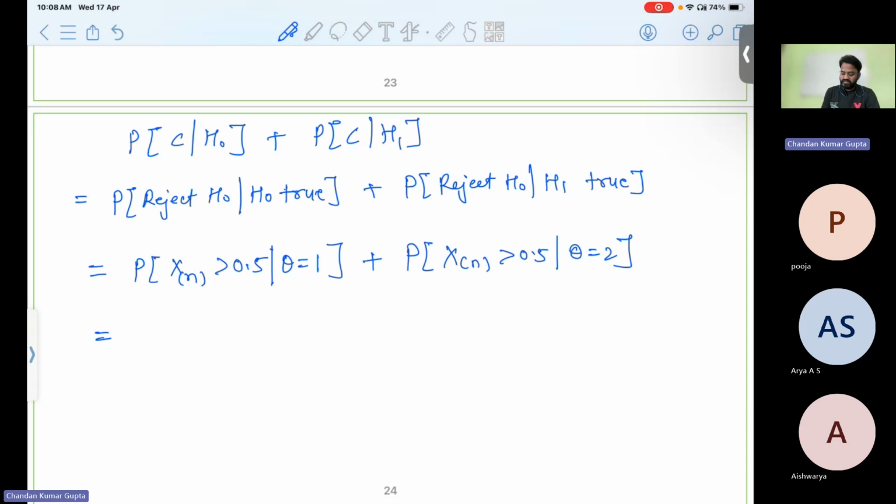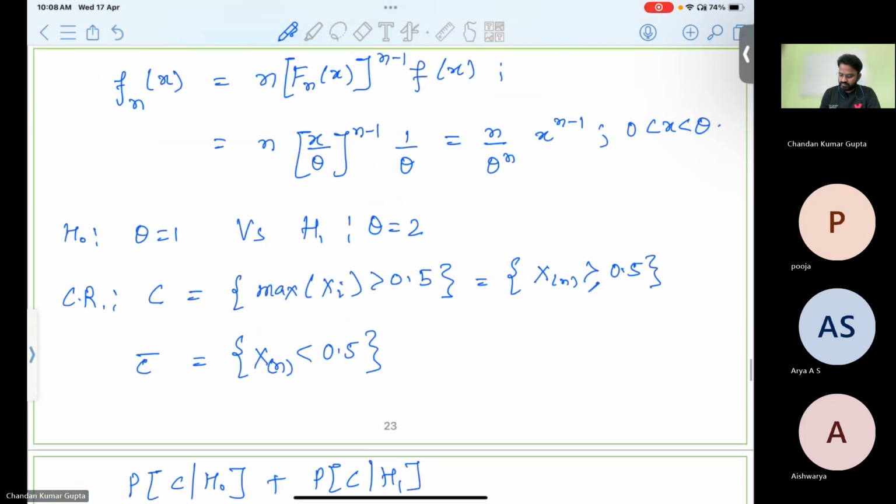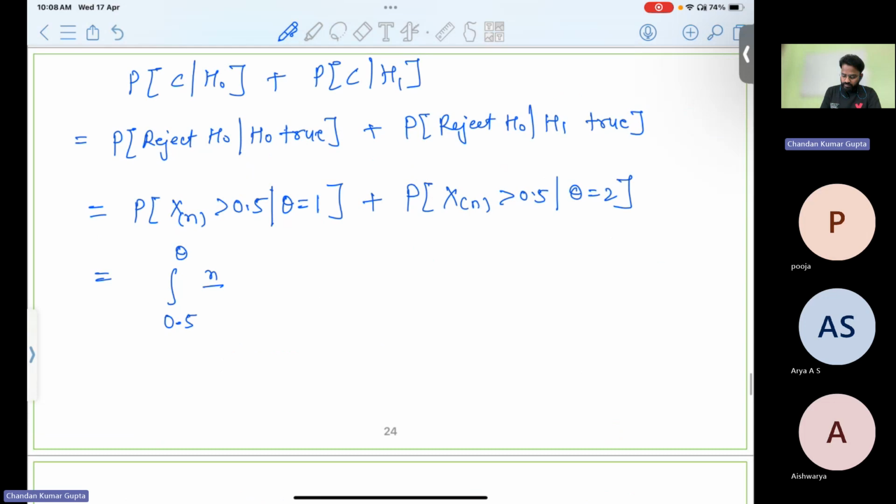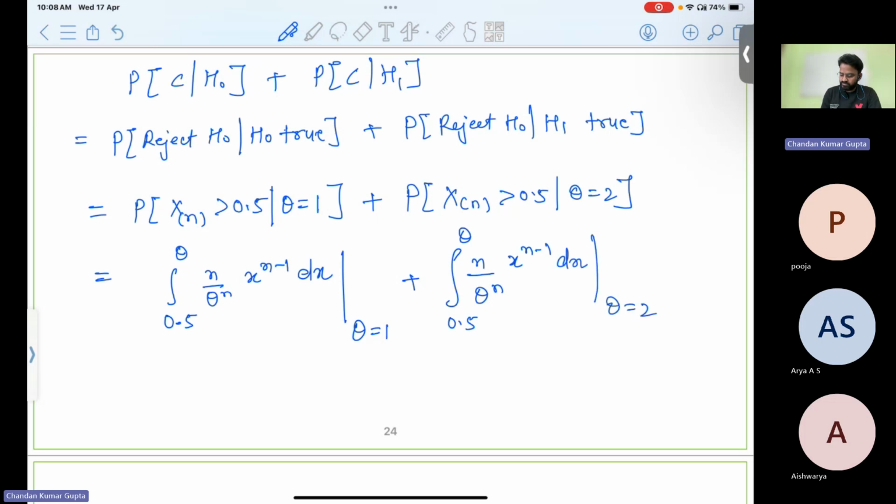So the PDF of Xn, integrated from 0.5 to theta, is the integral of n upon theta to the power n, x to the power n minus 1, dx at theta equal to 1, plus in a similar manner, from 0.5 to 2, n upon theta to the power n, x to the power n minus 1, dx at theta equal to 2.